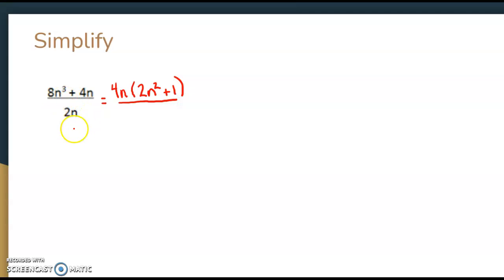Now the denominator is already factored or already simplified as much as it can be. So I just leave it 2n. So I have some things that cancel out. A 4 and a 2 can be simplified to 2 over 1, and the n's can cancel out. So what I'm left with is 2 times the quantity of 2n squared plus 1, and you can write it over 1 if you want, or you can just leave it like that.